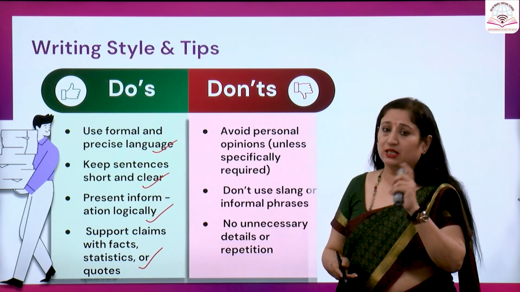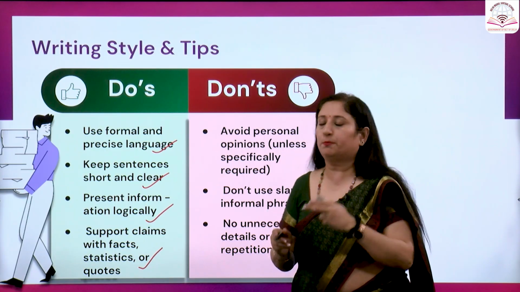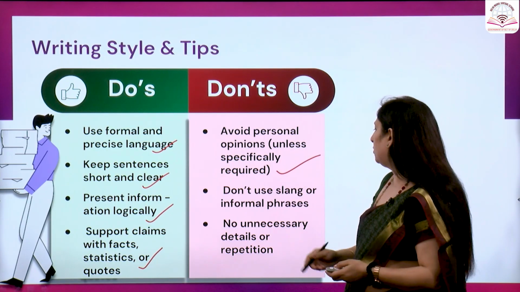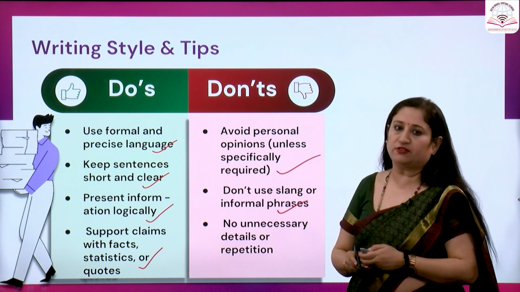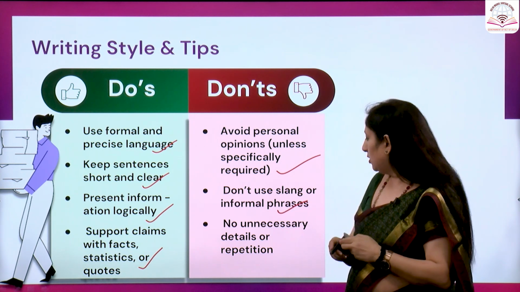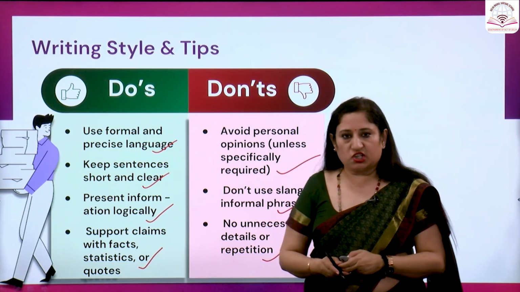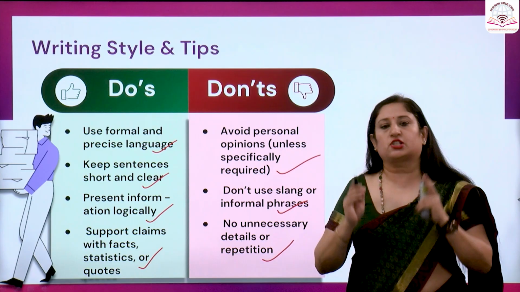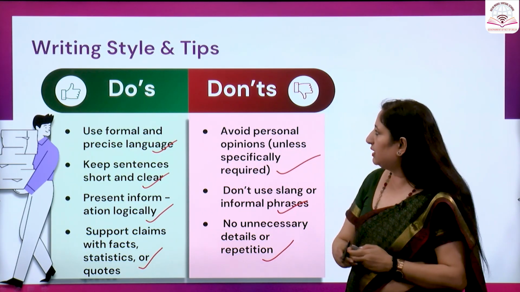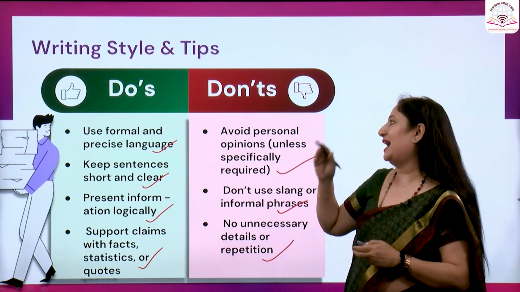And when we talk about the don'ts, you have to avoid any personal opinions unless specifically required. Also, don't use slang or informal phrases, because report writing is a formal writing piece. Also, no unnecessary details or repetition is required, since it is straight to the point and concise. So here we know the writing style and tips, where we have covered some do's and don'ts.